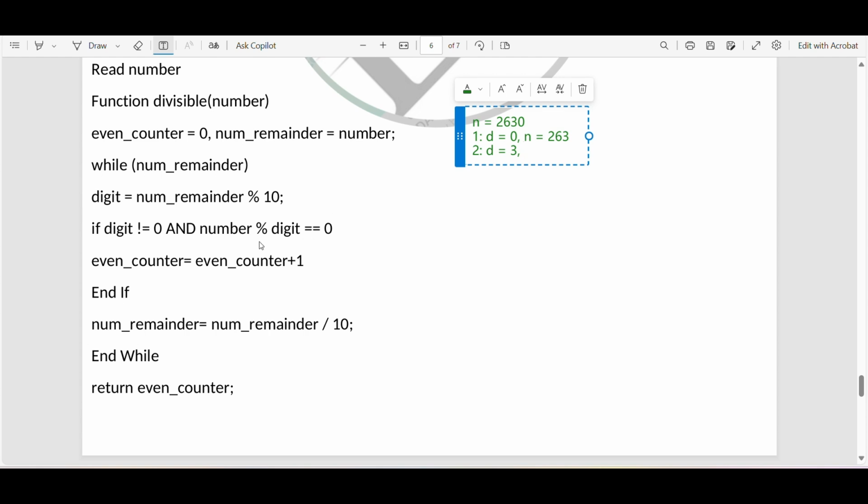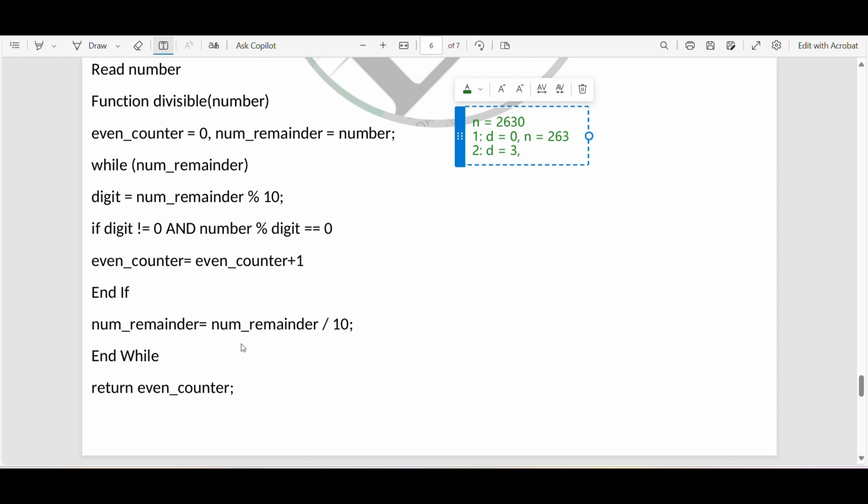Yes, digit is not equal to 0, and number mod digit equals 0 means 263 divided by 3 must give remainder 0. When you calculate that, 263 will not be divisible by 3, because adding the three digits, you will be getting 11. So 11 is not divisible by 3. Okay, then this also is skipped.